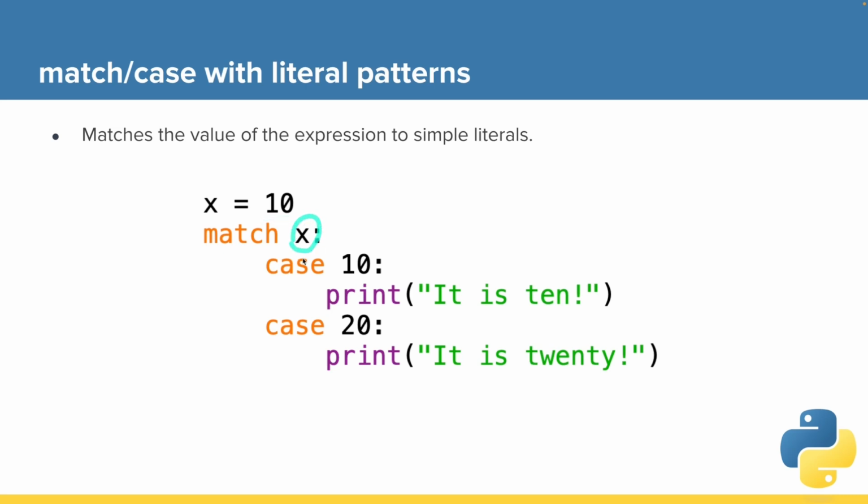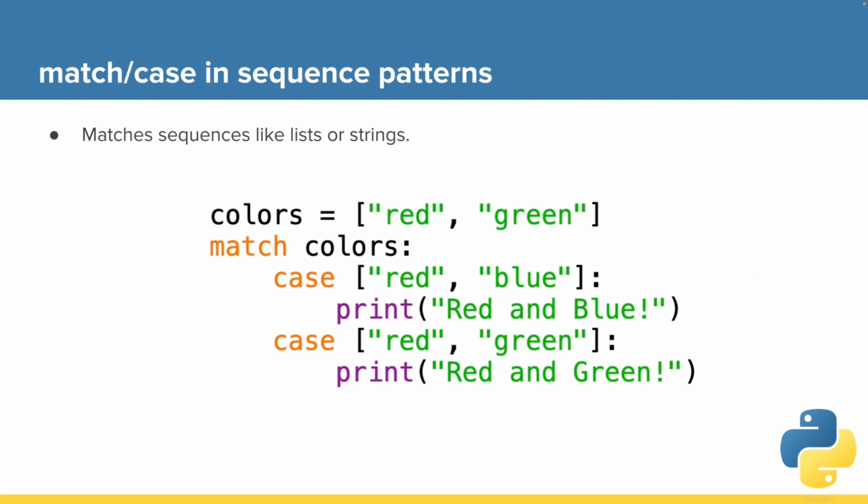We're saying, okay, let's compare our cases to x. So in the case that x is 10, we'll execute this code. In the case that x is 20, we'll execute this code. So pretty straightforward. Let's move on to matching sequence patterns like lists or strings.